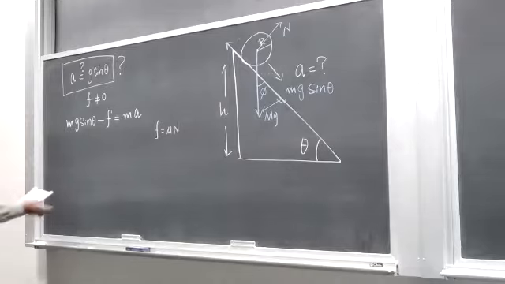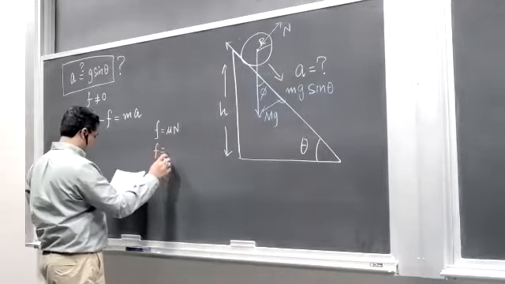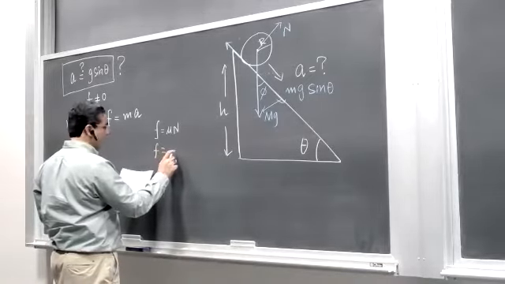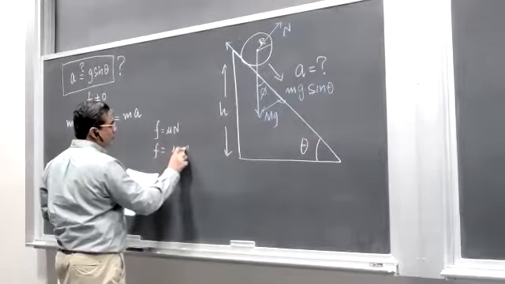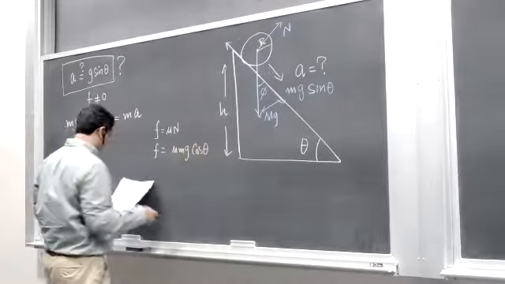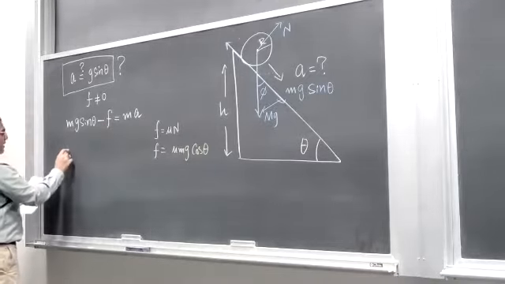And then if you take this to be mu n and write it as mu mg cosine theta, then you can plug the friction here and write the acceleration.